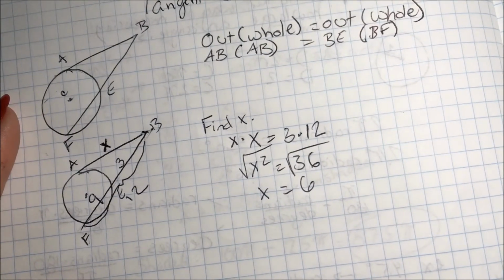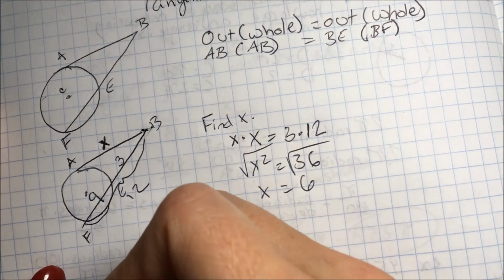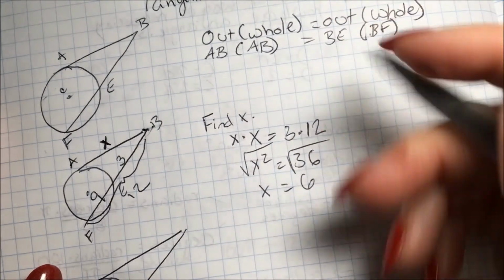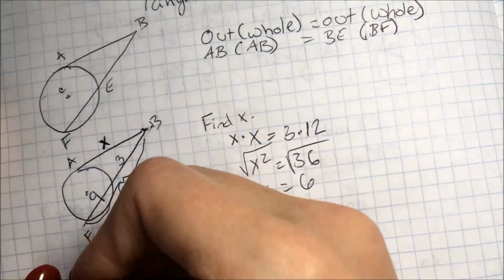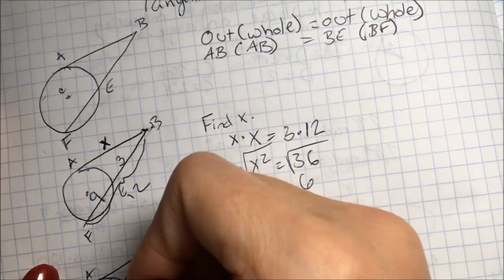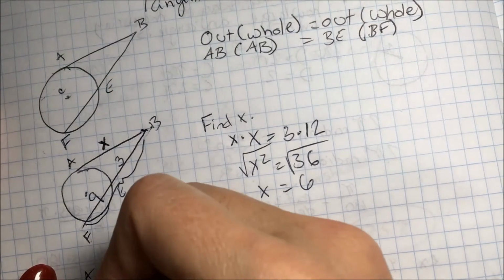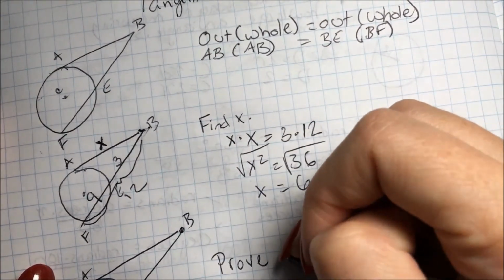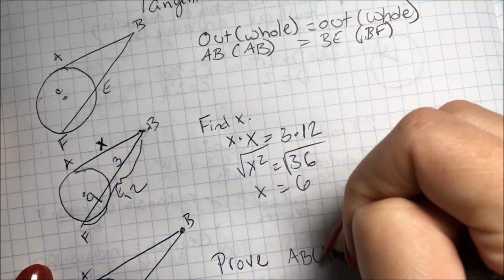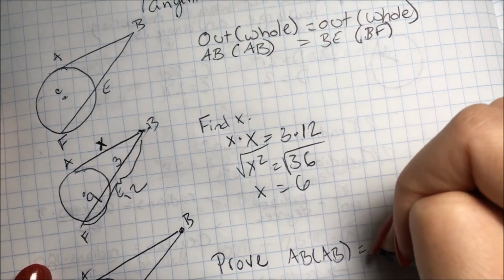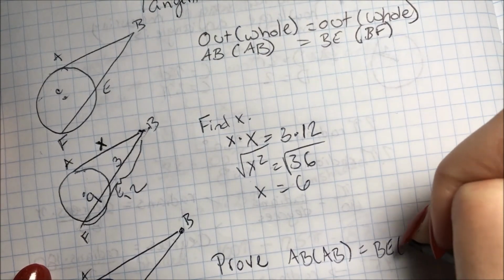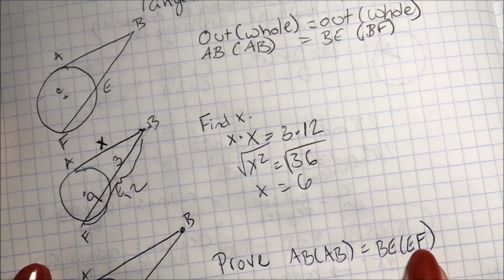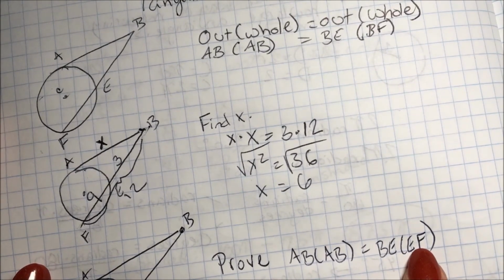Okay. Try to keep these notes a little bit shorter. We will be doing a proof where we prove this theorem. So if I have A, B, E, F with center C, we could prove that AB times AB equals BE times BF. And again, since we have a cross product, we're going to be working with similar triangles.